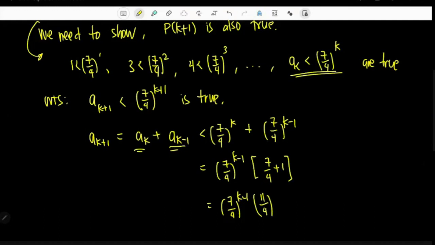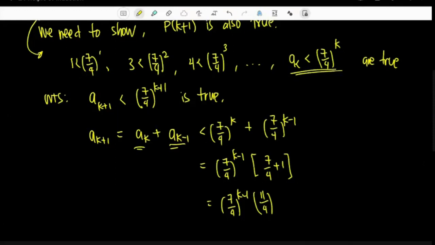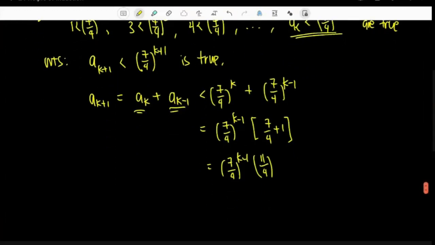Okay, a few manipulations. 11 over 4 is actually less than... we want this expression to be in terms of 7 over 4, right? Now, observe that 11 over 4 is the same as 11 over 4 times 4 over 4.